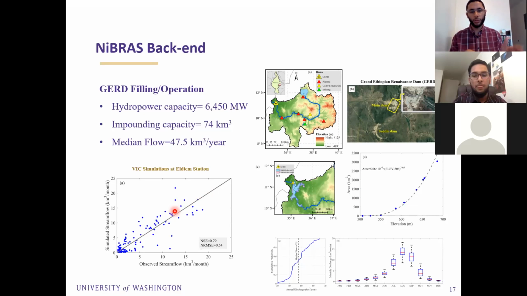I think it's the boundary between Sudan and Ethiopia. So the model is performing very well here. We also use satellites, the same approach I shared with you yesterday in Google Earth Engine, to derive the area elevation curve for the GERD. And I will be using this to monitor the GERD filling, for the tool of monitoring GERD filling.